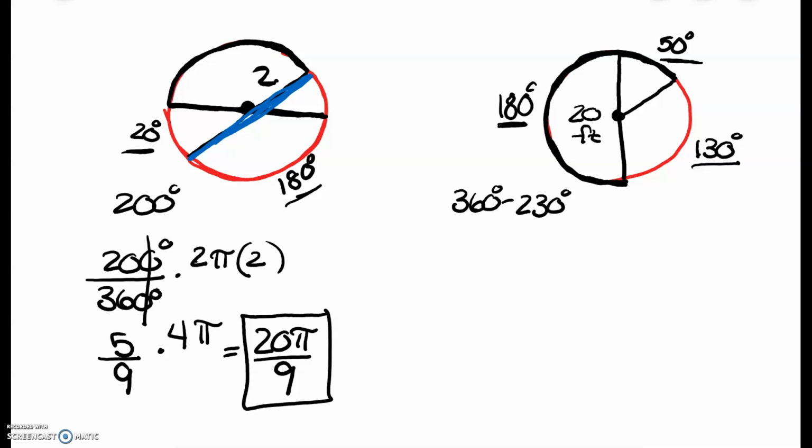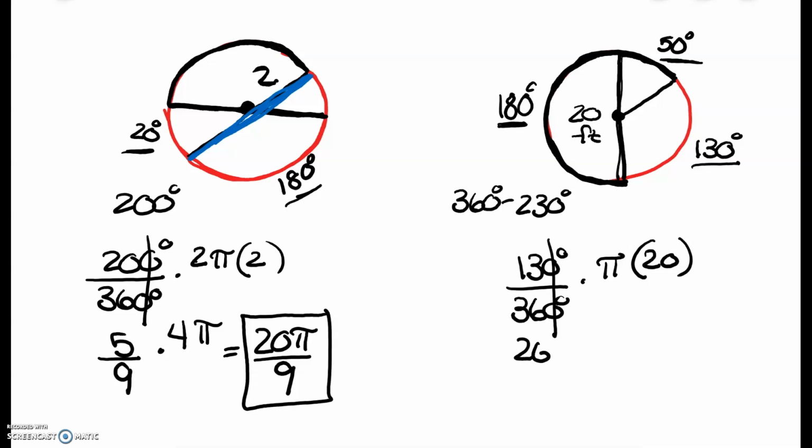So they gave me a diameter in this one, so I'm going to go ahead and set up my problem using the formula with diameter. 130 degrees over 360 degrees times pi times 20. So I'm going to get rid of that. And then I'm going to multiply by 20. So I get 260 over 36.